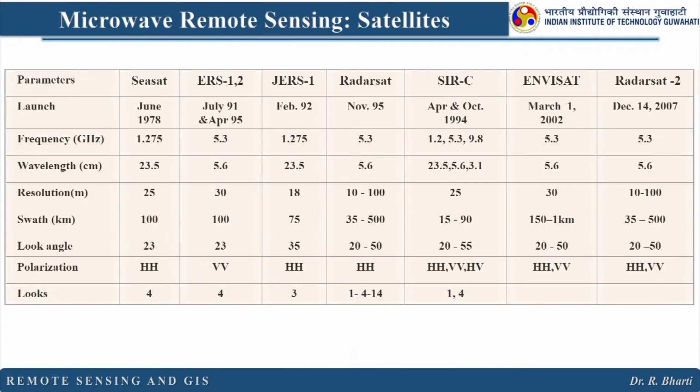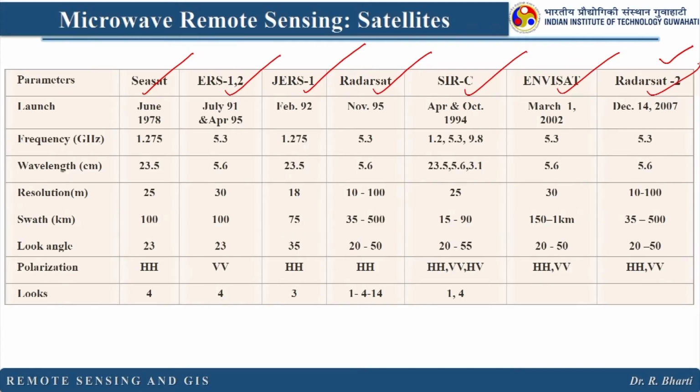So, here I have listed some of the satellites which are working in the microwave domain, and this is not the complete list, this is a selected list. The first one is CSAT, next is ERS 1 and 2, JERS 1, RadarSat 1, ENVISAT, RadarSat 2.